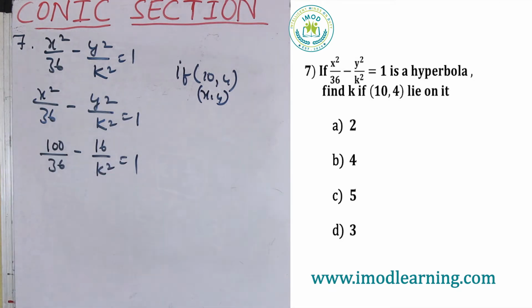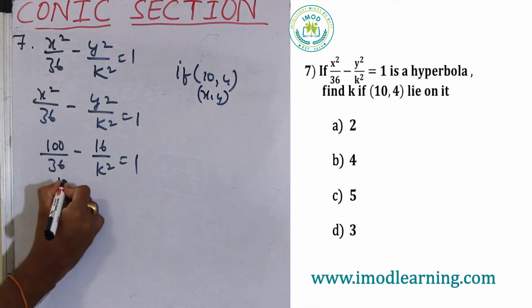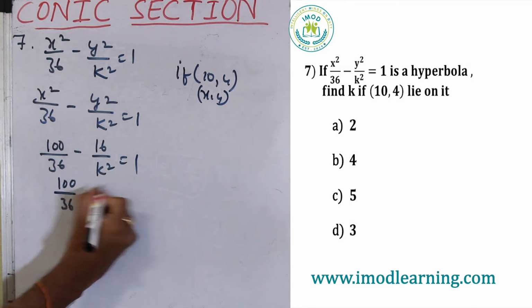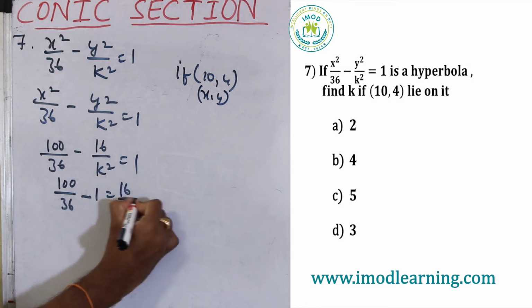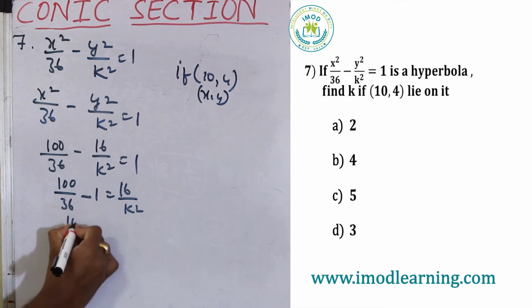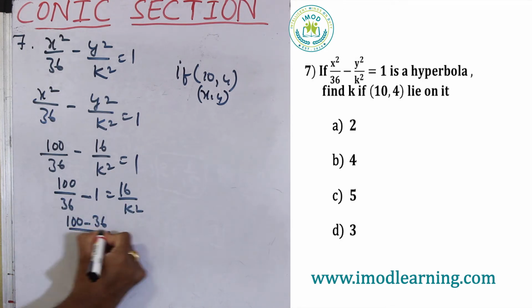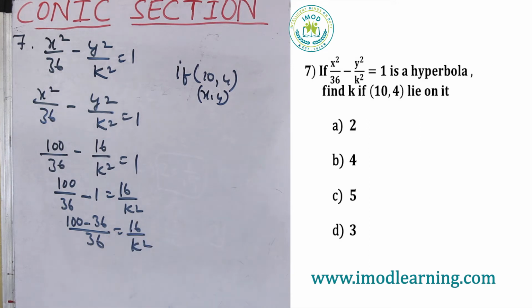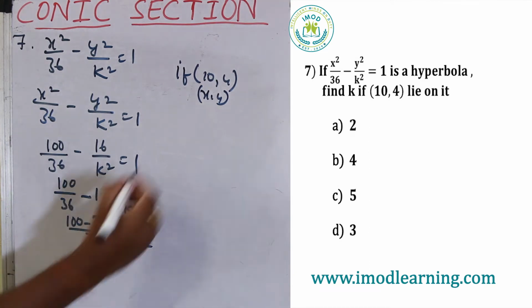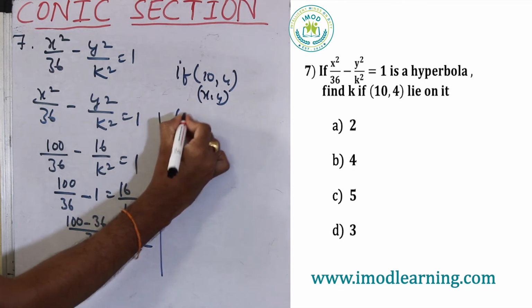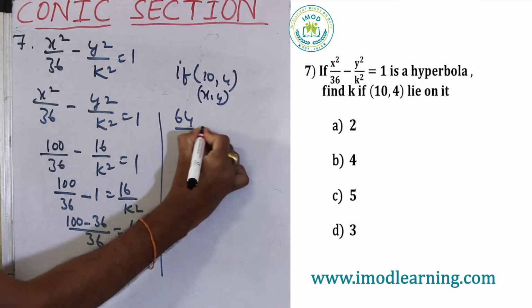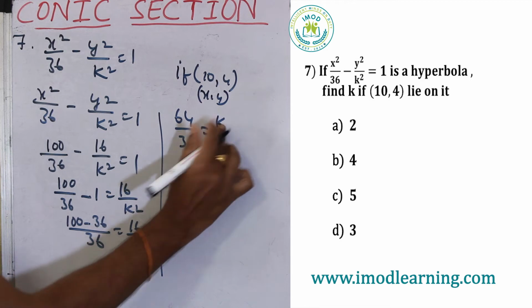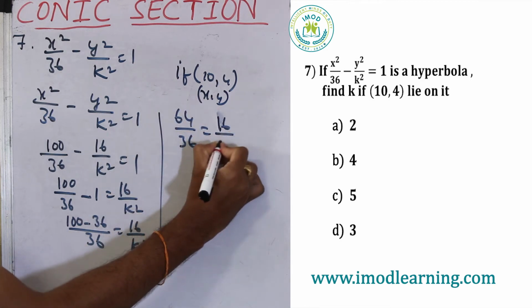100 by 36, or you can take 100 divided by 36 minus 1, which is equal to 16 divided by k square, or 100 minus 36 divided by 36 which is equal to 16 divided by k square, or it can be written as 64 divided by 36 which is equal to 16 divided by k square.